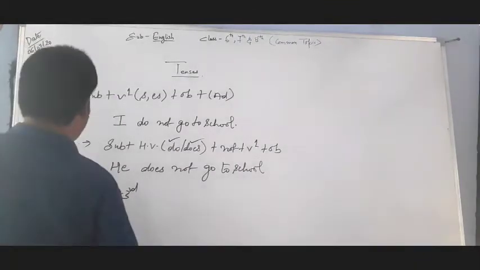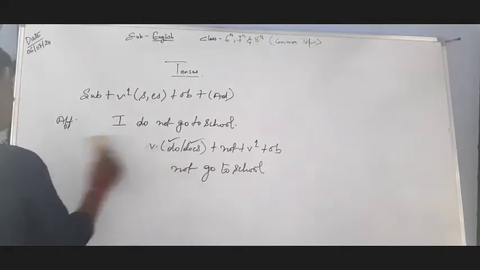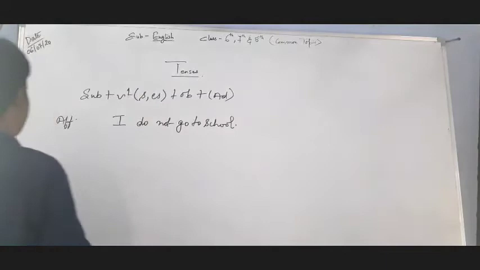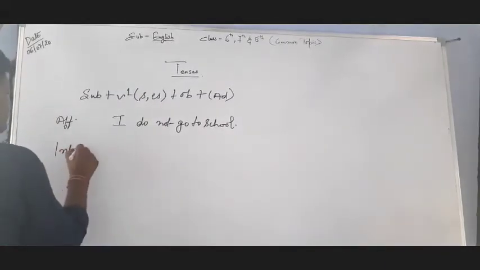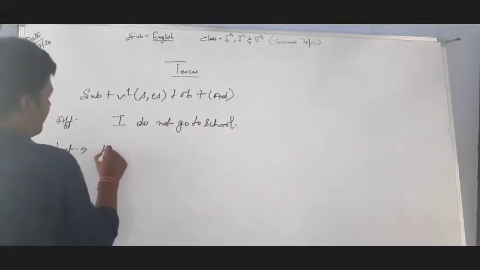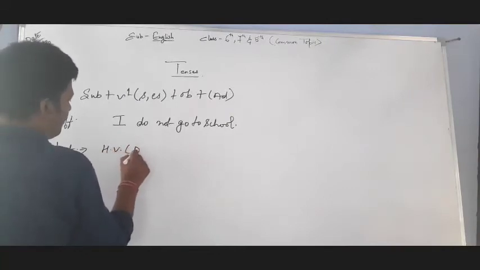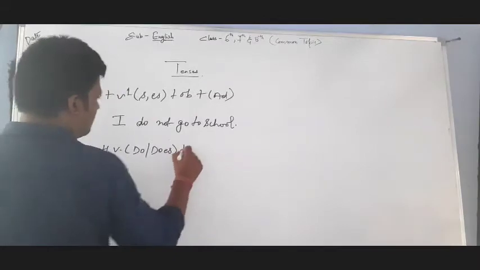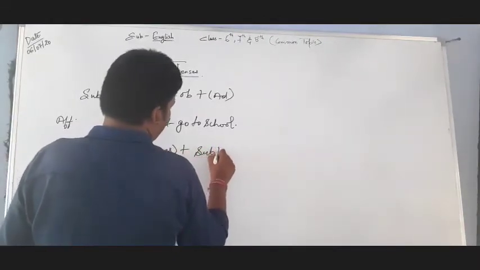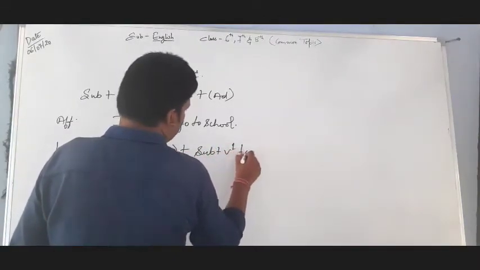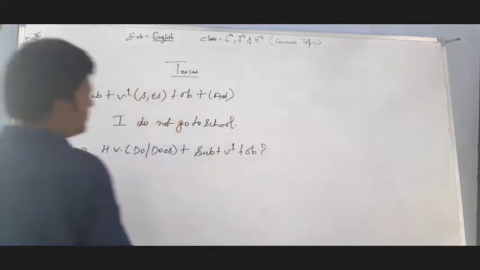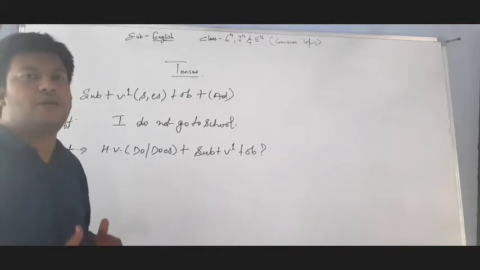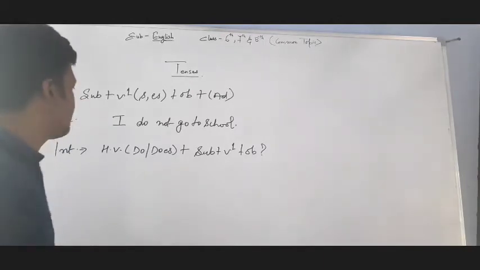Now let's write the formula for interrogative sentences. Formula for interrogative sentences: helping verb, that is do or does, plus subject plus verb first form plus object with a question mark, because interrogative sentences are the sentences we use to ask questions.